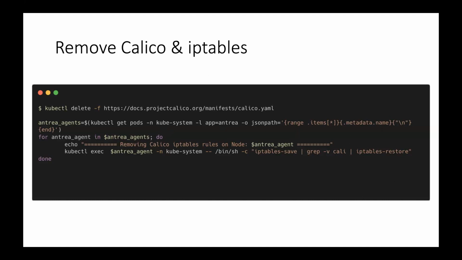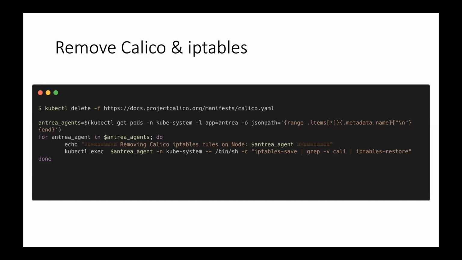So, in summary, I think not only iptables, but also some tunnel devices and perhaps some container network interfaces created by Calico should also be removed. Otherwise, there could be some issues. Yes, sure.